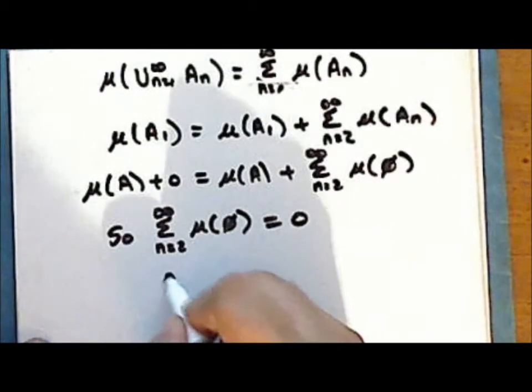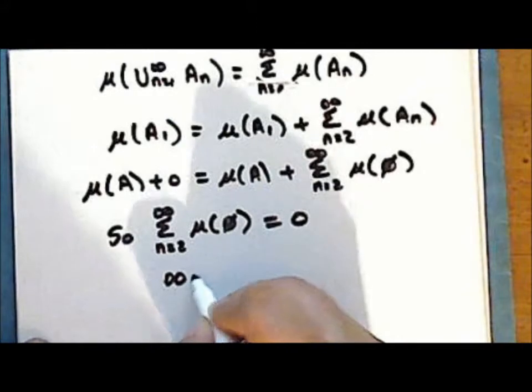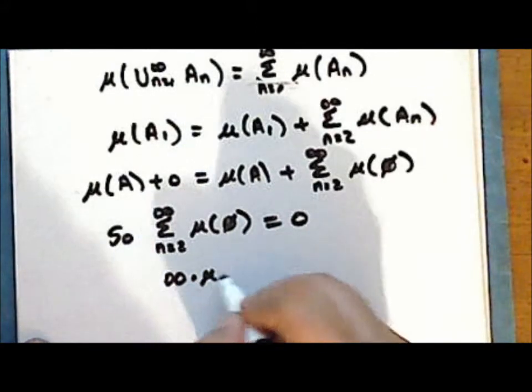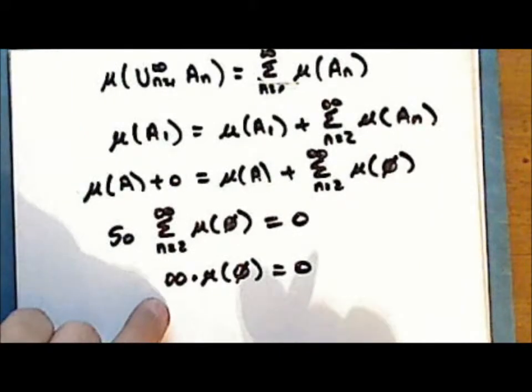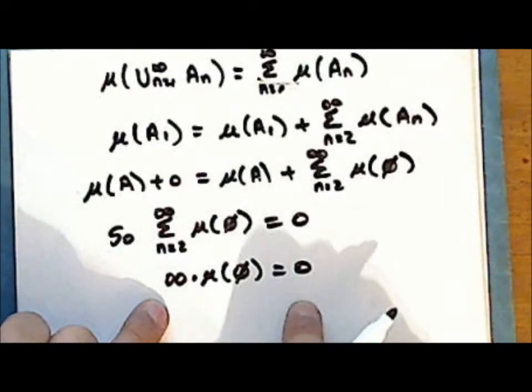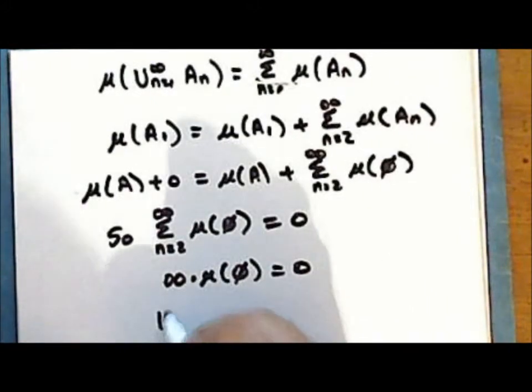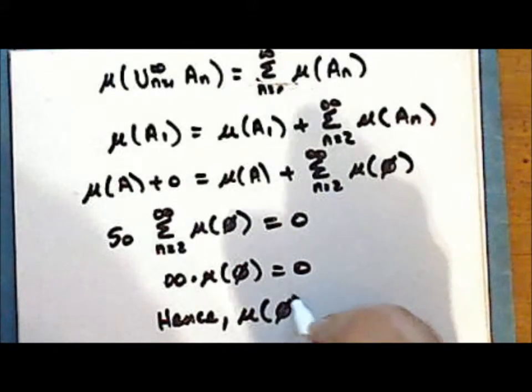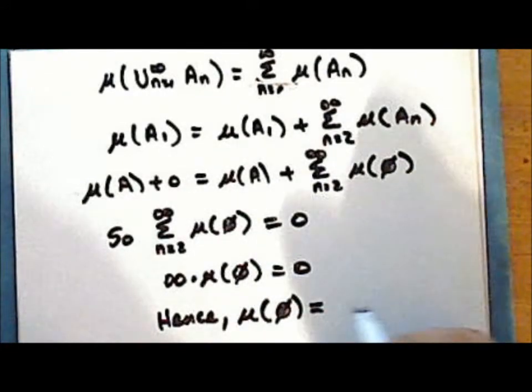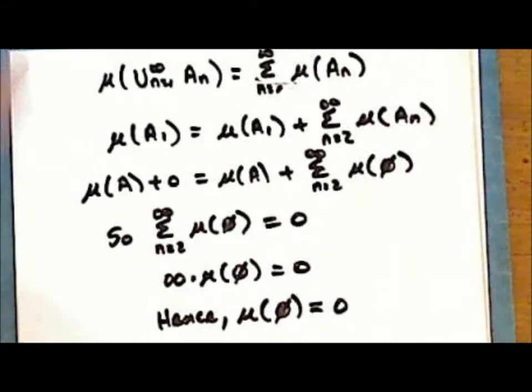And so we have that the product of infinity with the measure of the empty set is 0. And as we know, there's only one number for which infinity times that number is 0, and that is the number 0 itself. And hence, the measure of the empty set is 0. All right?